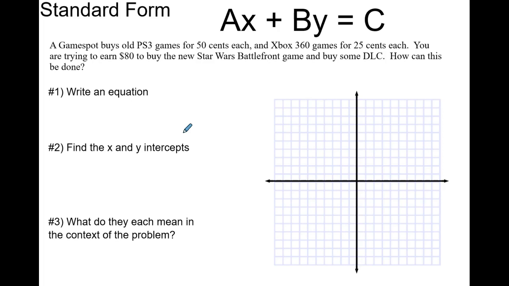So we're trying to get $80. First of all, let's define our variables. We're interested in what combination of games is going to get the job done. What combination of these two different games is going to get us $80?